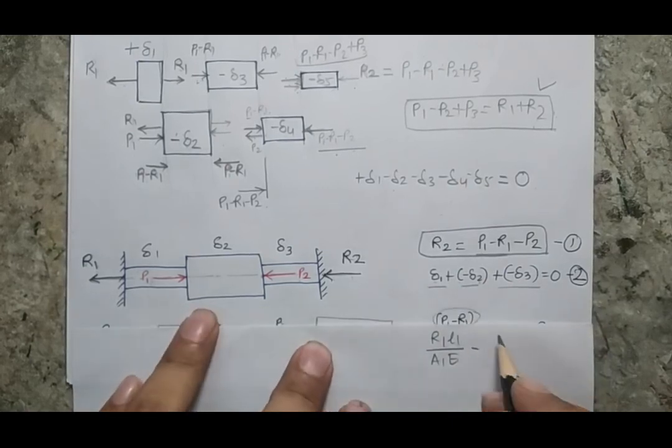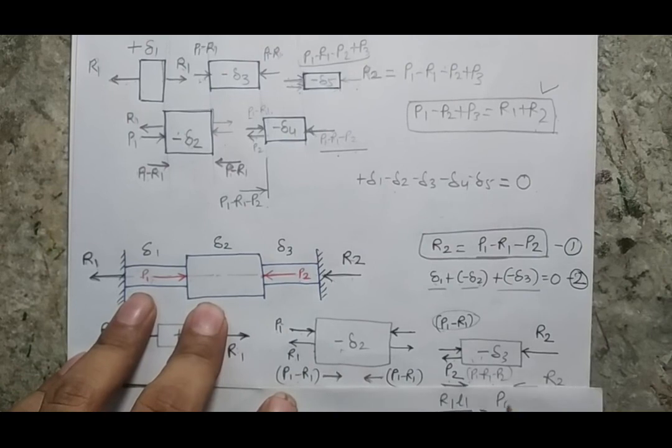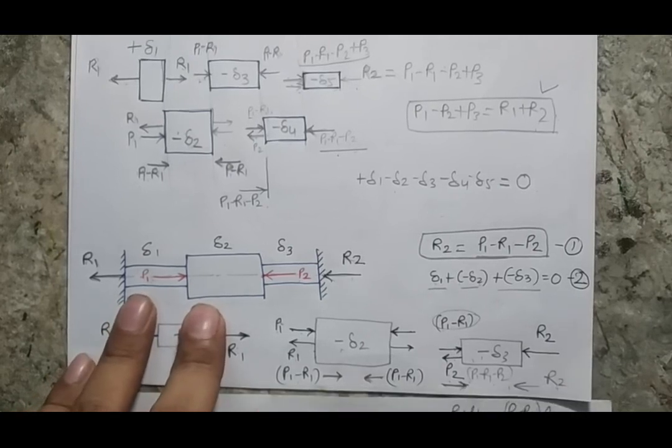Then minus the force for the second one, P1 minus R1, times the length of the second body, over A2 E. And the third one will again be minus P1 minus R1 minus P2, times the length of the third part, over A3 E, is equal to 0.